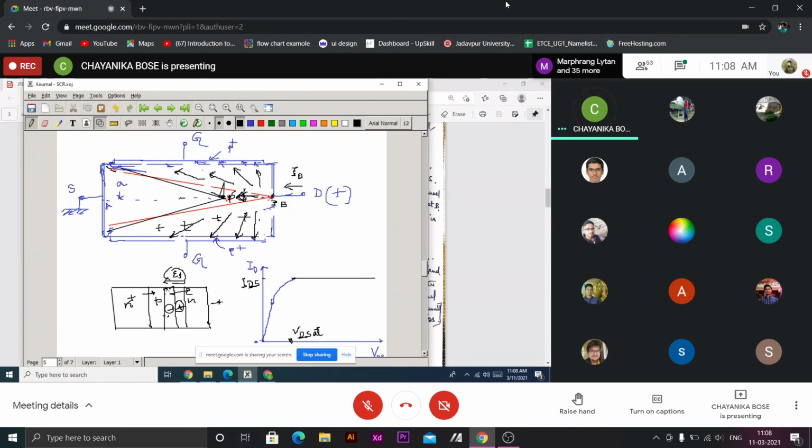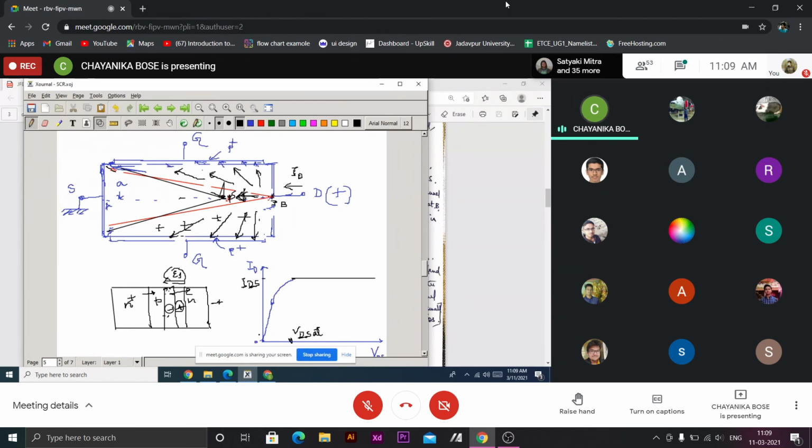So initially the entire channel, almost the entire bar, was available, and it behaves just as a resistor. The N-type channel behaves just as a resistor, and if we increase drain voltage, current will increase proportionately, where the slope will be determined by the resistance offered by the N-type channel.